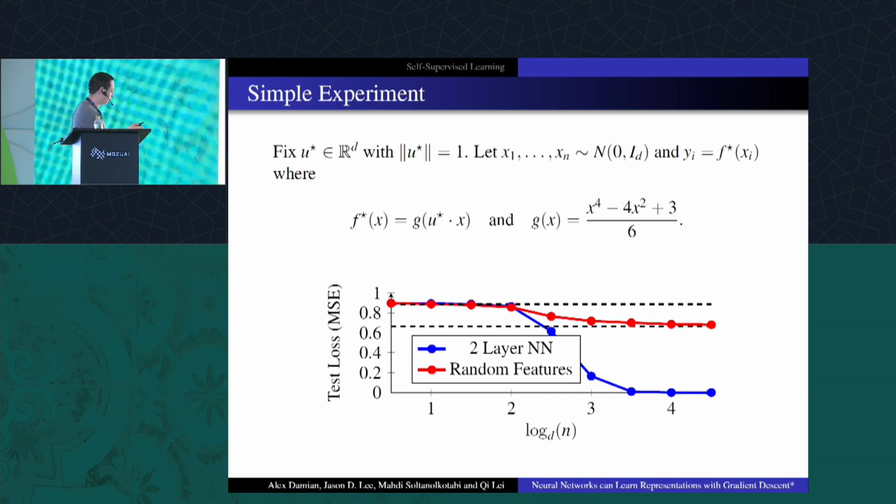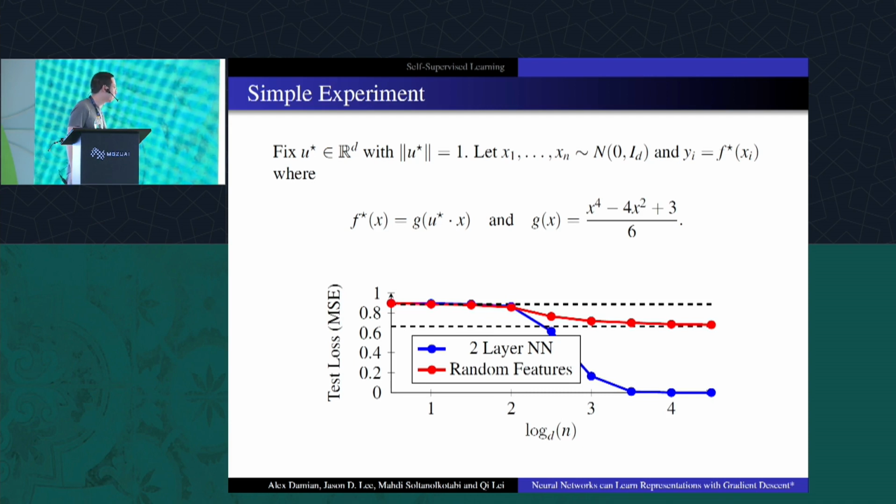The blue line is I train a 2-layer neural net with very standard ReLUs, and I used an initialization scheme that's kind of small, the mean field or muP initialization, they're equivalent. And you can see that the test loss can drop below this line. I'll tell you in a second what this dotted line is. And this red line, random features or kernel method, just levels off and gets stuck at this line.